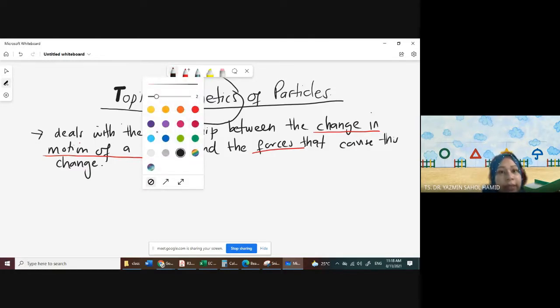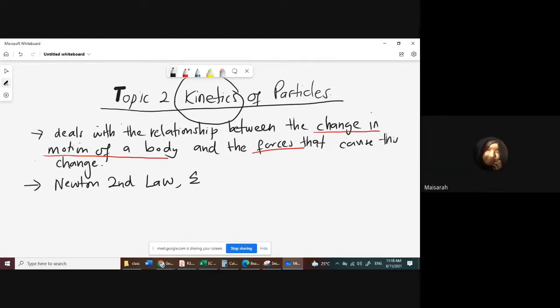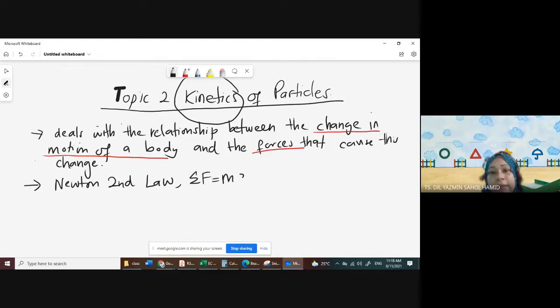Okay, so for kinetics, the basic law that we use is Newton's second law. Do you remember the formula for Newton's second law? F equals ma. Yes, F equals ma. So we're going to use Newton's second law.